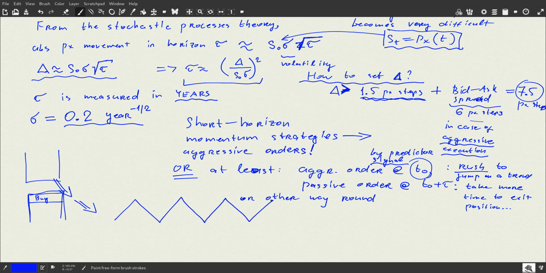then, for example, your continuous price predictor would tell you to enter here, and then you really need to decide when to exit.